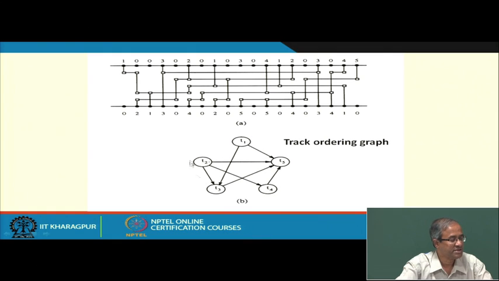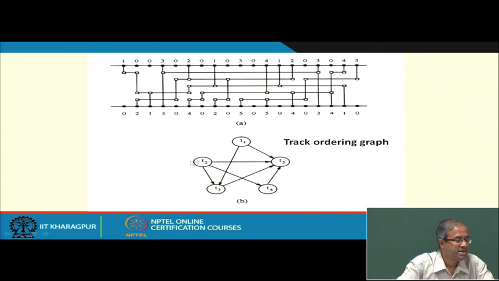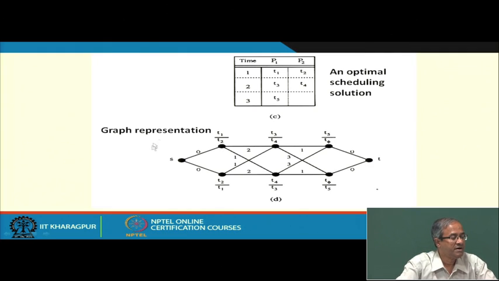Okay. So, this graph will tell you how many tracks are required and the dependency, which one has to be on top. T1 has to be on top, then you can have T2, T1 and T2 anyone can be on top, and like this. Now, you see T1 and T2 can be because they do not have any dependency. Similarly, you see T3, T4 do not have any dependency, either T3 can be above T4 or T4 can be above T3. Now, we have a graph representation like this, that T1 and T2 they are independent.